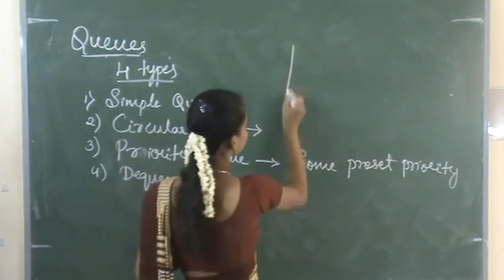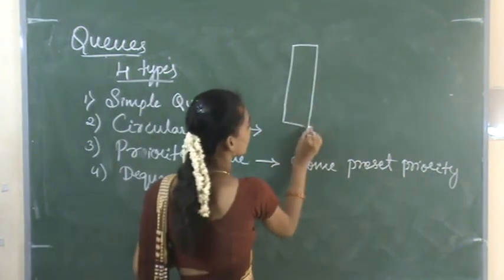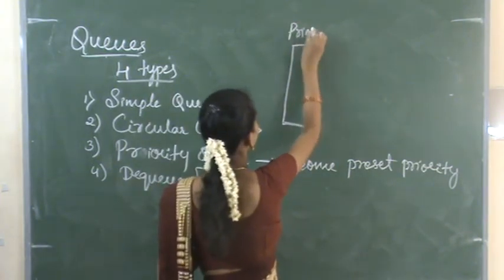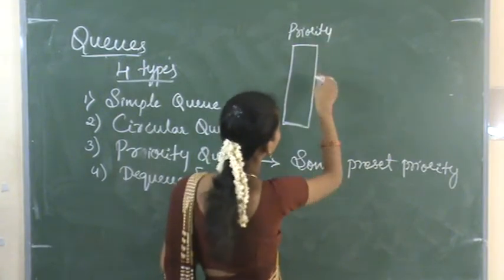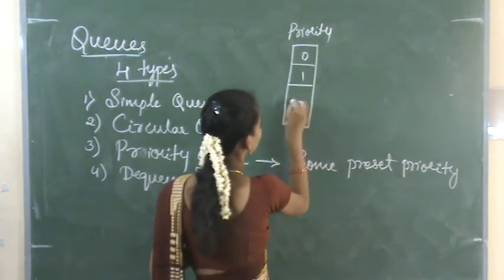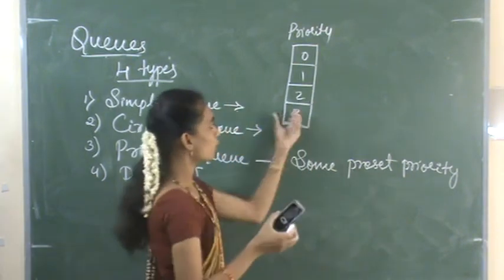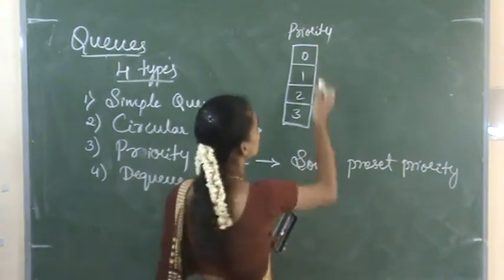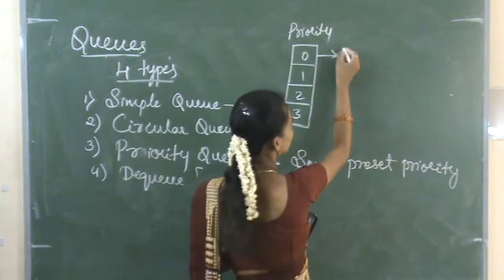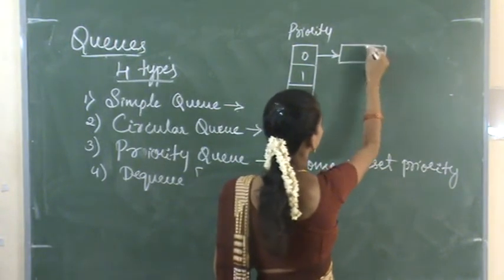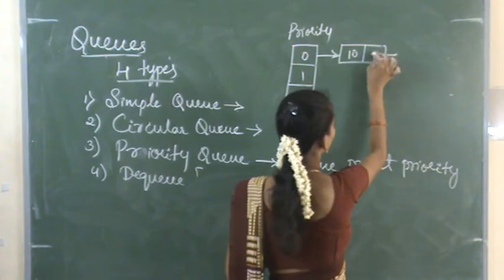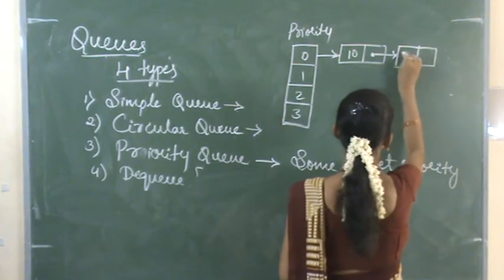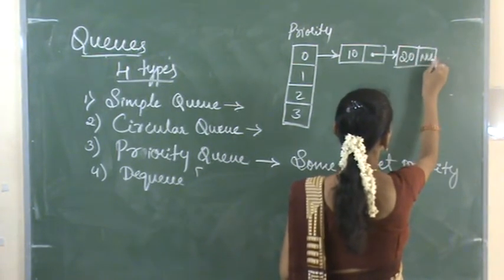Suppose consider this is a priority box. We are providing some priority for each and every block of items. I'll consider this as 1.